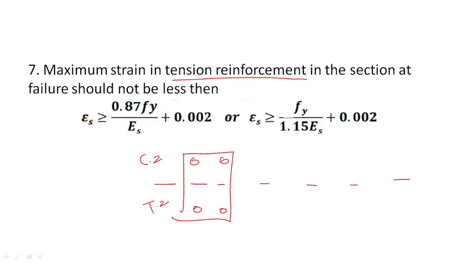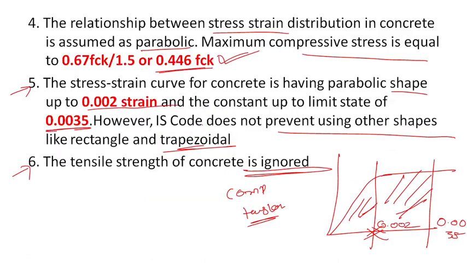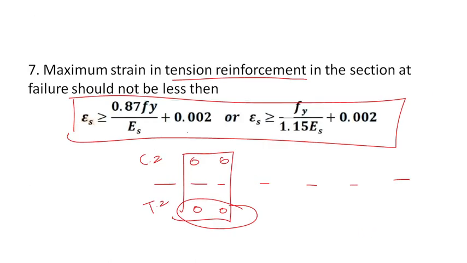Now in the seventh point, they are telling the maximum strain in tension reinforcement in the section at failure should not be less than how much? 0.87 fy divided by Es plus 0.002, or fy divided by 1.15 Es plus 0.002.